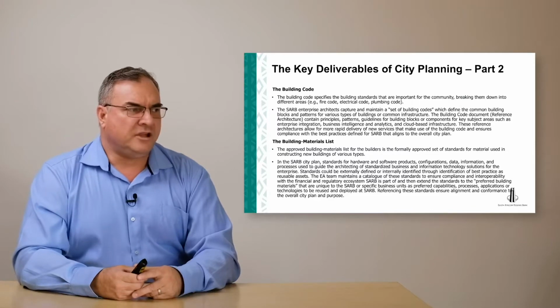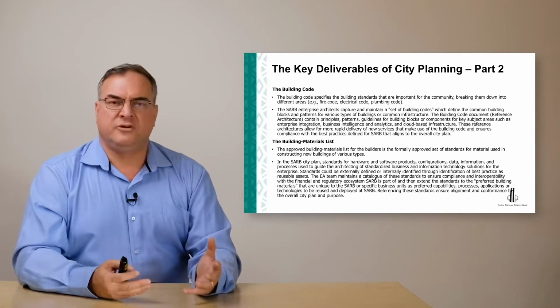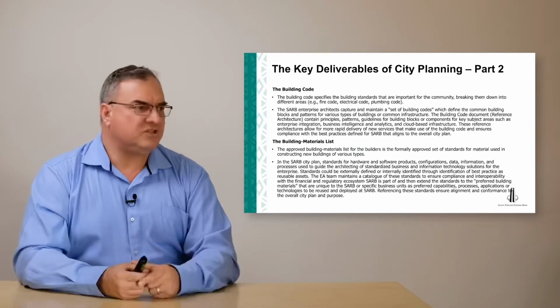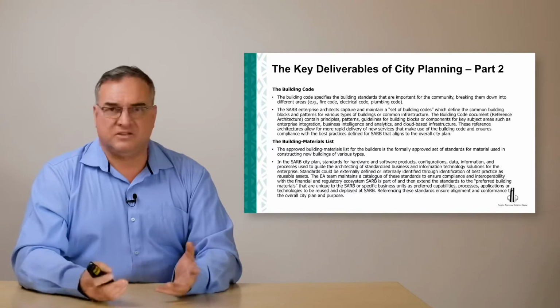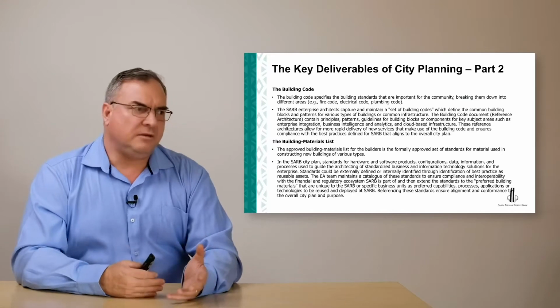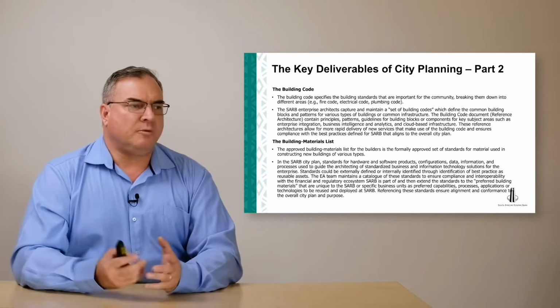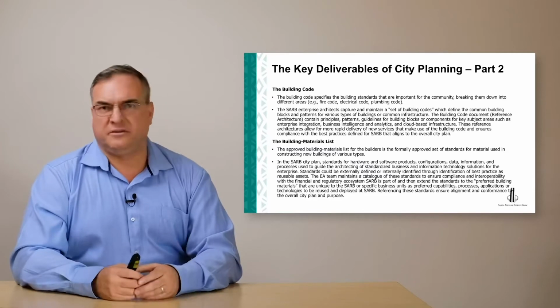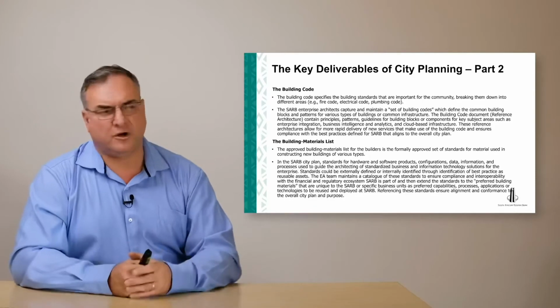So they could be externally defined, things that we need to conform to ensure interoperability with the ecosystem, or they could be internally identified based on best practice as reusable assets. The enterprise architecture team would then maintain the catalog of these standards and ensure compliance and interoperability with the financial sector and regulatory ecosystem that we're a part of.